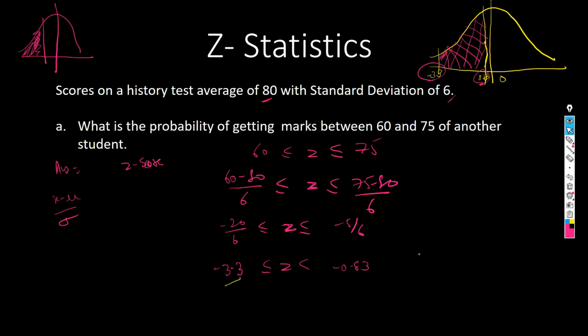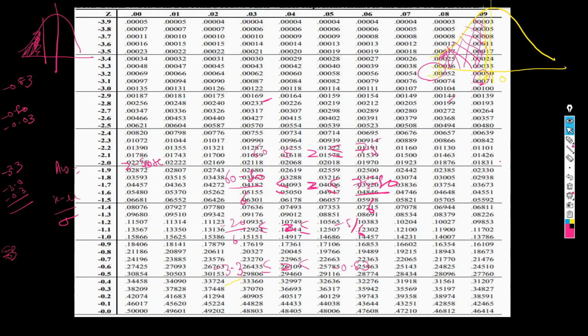So minus 3.3 and minus 0.83. For minus 3.3, I can write minus 3.0 and minus 0.3, and similarly for minus 0.83 I can write minus 0.80 and minus 0.03, right? So try to observe how we can find this.